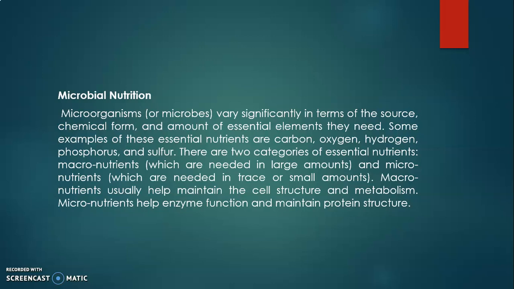There are two categories of essential nutrients: macronutrients, which are needed in large amounts, and micronutrients, which are needed in trace or small amounts. Microbes need macronutrients in a very large amount.